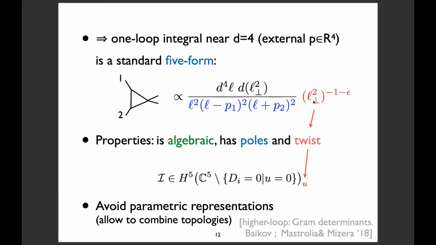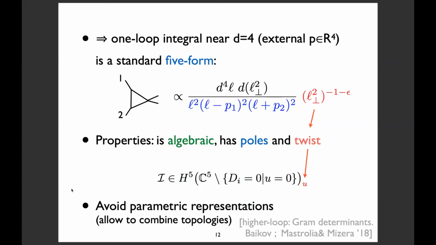We call this thing the twist, or u. So in the complex l_perp squared plane, this is not single-valued. So our integrand is really a multi-valued function. And that makes it twisted cohomology. So the way you could denote this is that way. So this mathematical definition is just summarizing these three key properties of Feynman integrals.